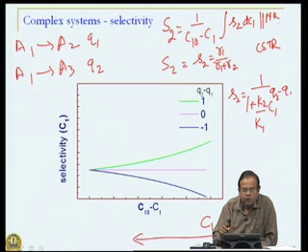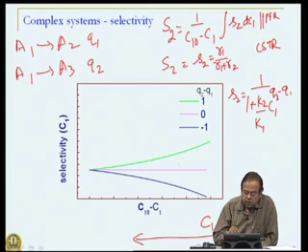So, for plug flow reactor, by now you would have guessed, it is nothing but the area under the curve over C1 0 minus C1. So, let us say if our Q2 and Q1 are the same, S2 is independent of selectivity, then the area under the curve is the area of the rectangle.